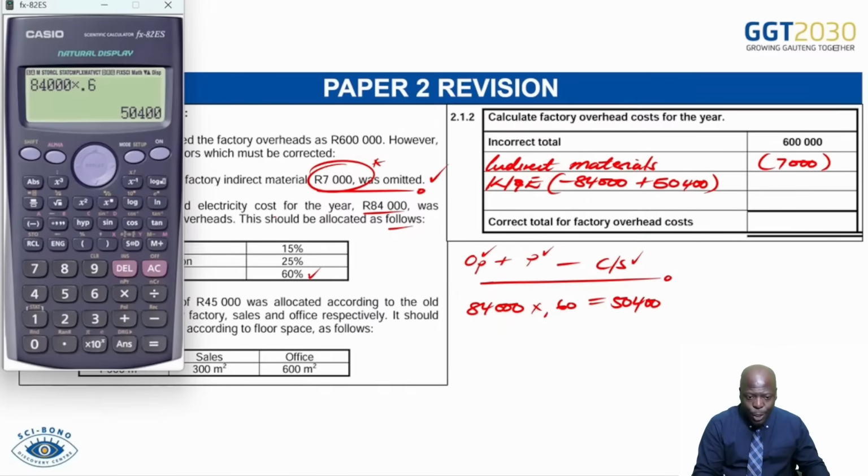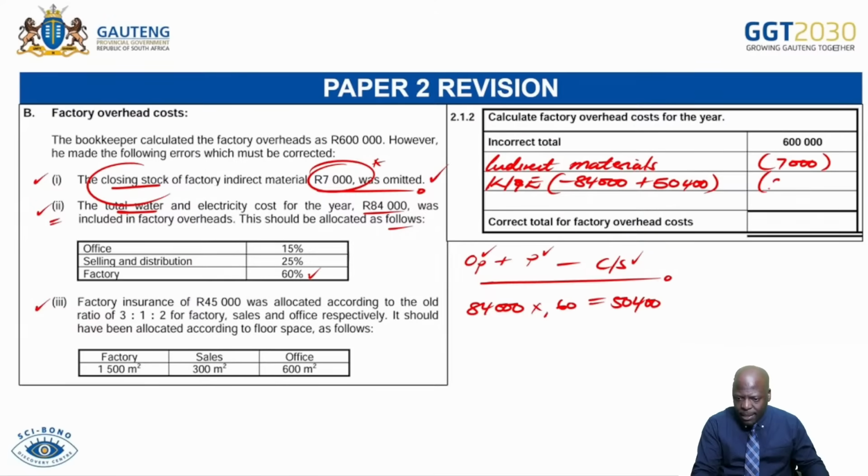And then you are coming to now say what you had, you said minus 84,000. And then you say plus 50,400. And then you're going to end up with a negative 33.6. So you come here, you say minus 33,600. That is how you would end up with the amount. So first you take out the incorrect amount, then you come and you add the correct amount, therefore. Okay, let's go on to the next one.